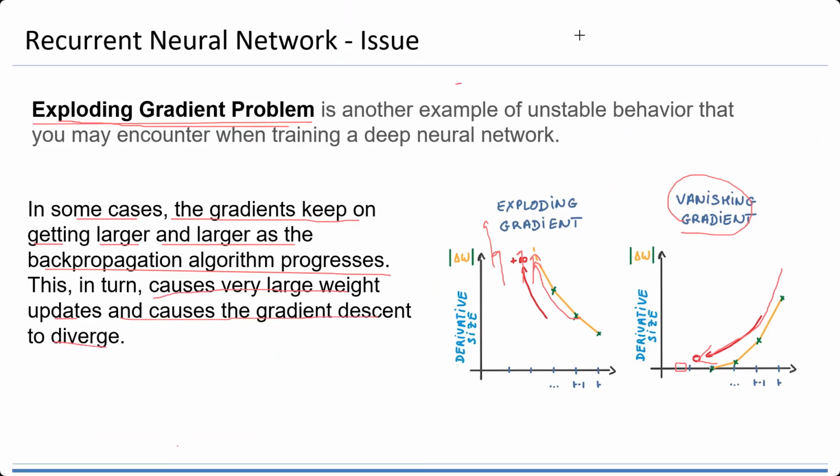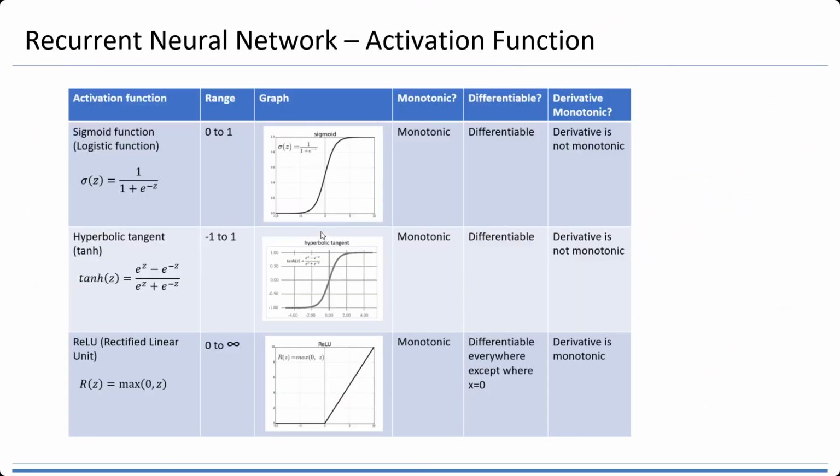To diverge means there will be a very big gap, and if it is a very big gap, then you cannot get a good accuracy or a good result. This kind of issue, we usually encounter it with the activation function. You need to select a good activation function, and most probably people use the sigmoid function. However, this is prone to the vanishing gradient problem.